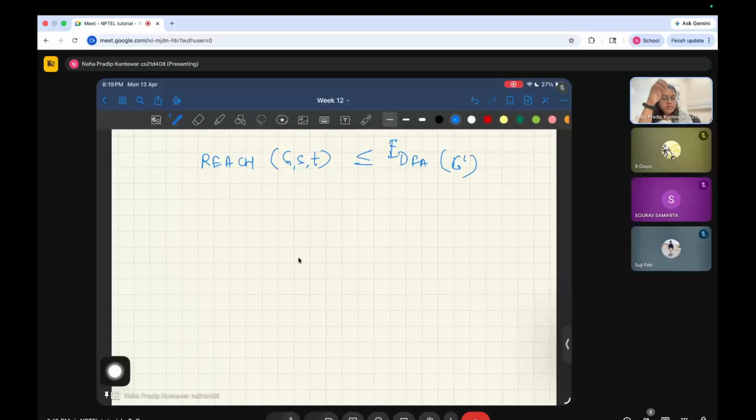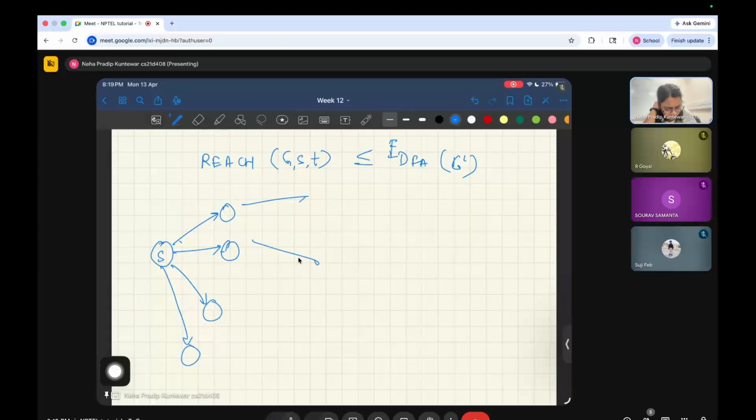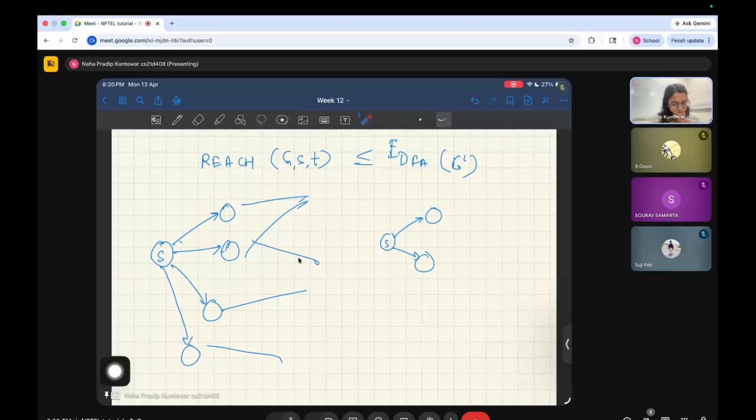So the point is, let's say S here has several neighbors, let's say it has four neighbors. Then we might want to change it so that the structure corresponds to the DFA, right? You can only have two neighbors at most. So what you will have to do is something like this.